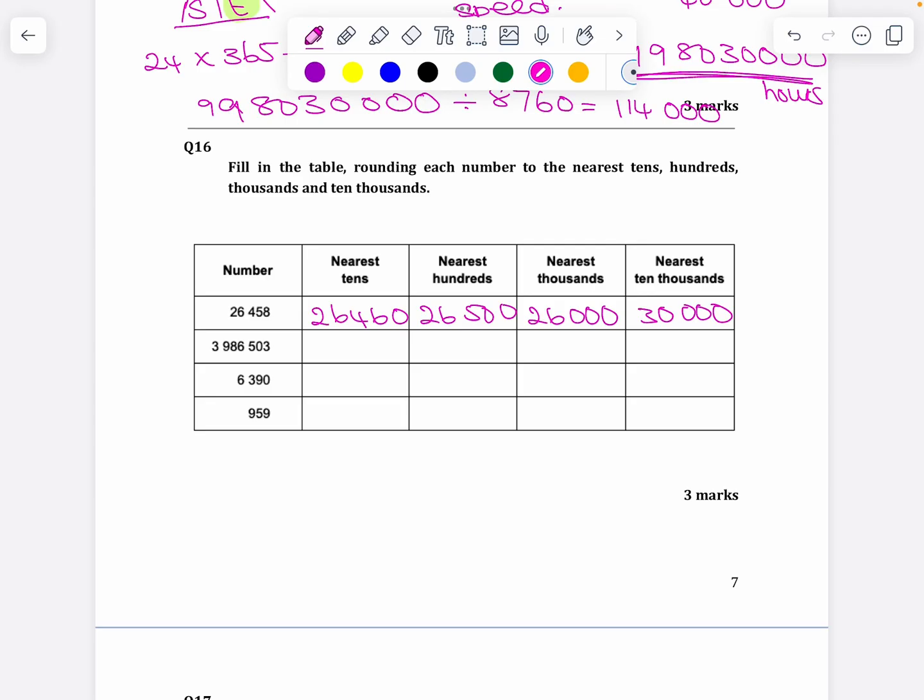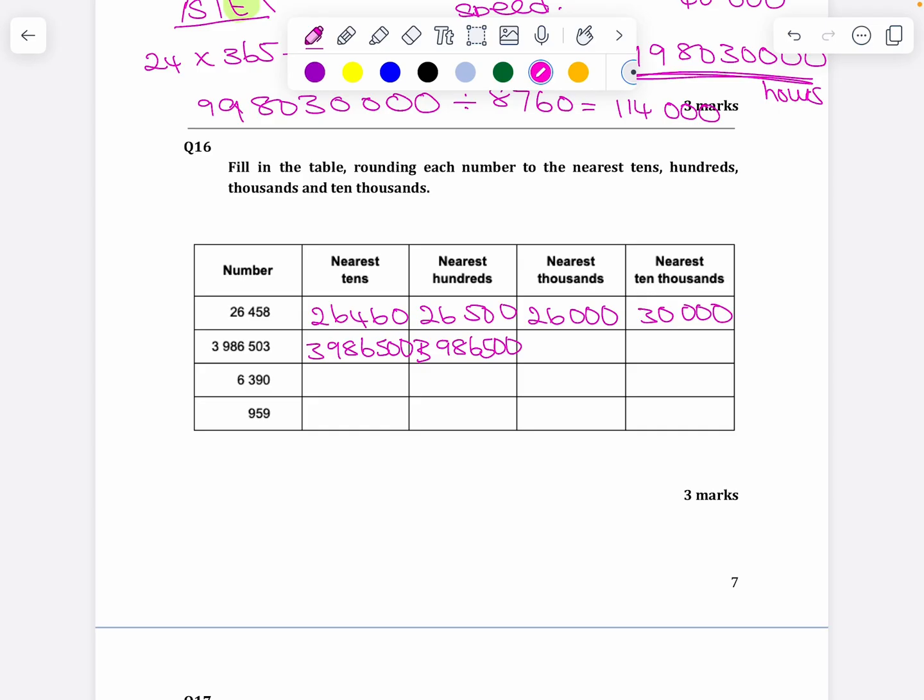Right, nearest ten, you should have 3,986,500. Then to the nearest 100, you should have 3,986,500 again.